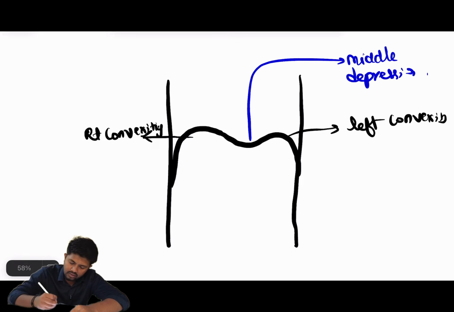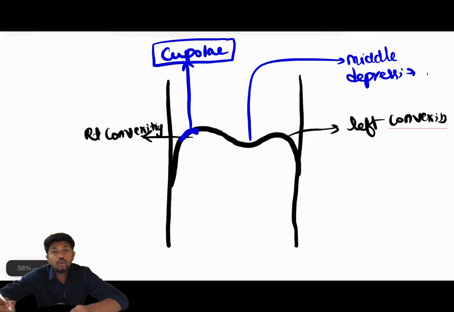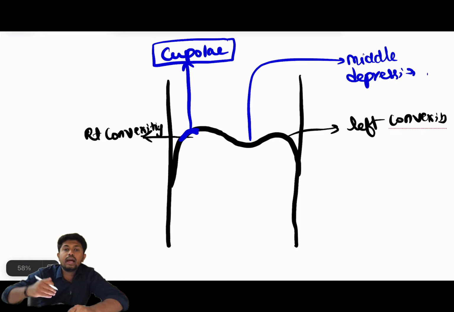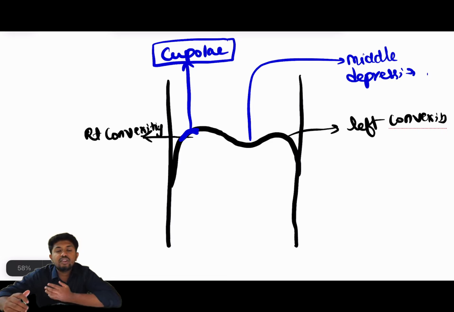The summit of each convexity is called the cupola. So the diaphragm has a right and left convexity and a middle depressed part. The right convexity will be a little higher than the left one. Why? Because of the presence of the liver on the right side, the right convexity of the dome is higher than the left side.